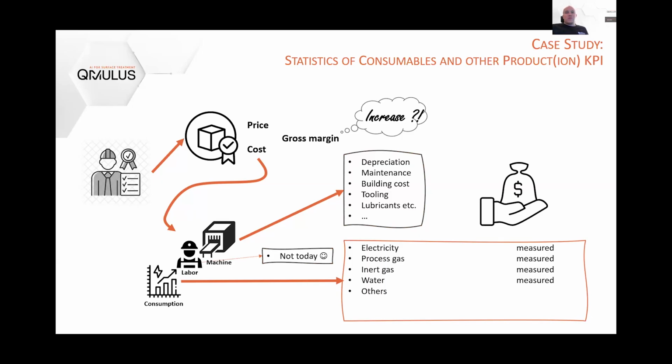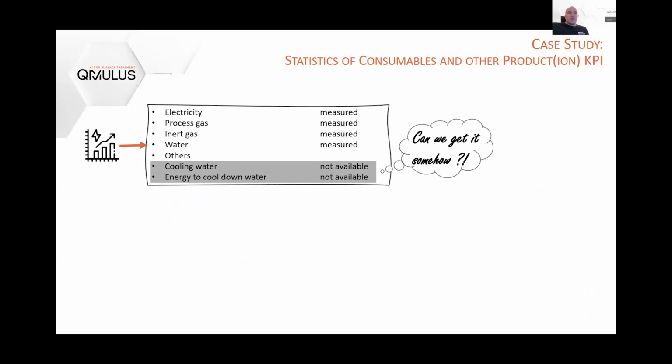For example, what we are already measuring is electricity, process gas, water, and a lot of other consumables. For this example, we are at the moment not measuring cooling water and have no idea about the energy to cool down our water. But how can we get this information if it's not available?